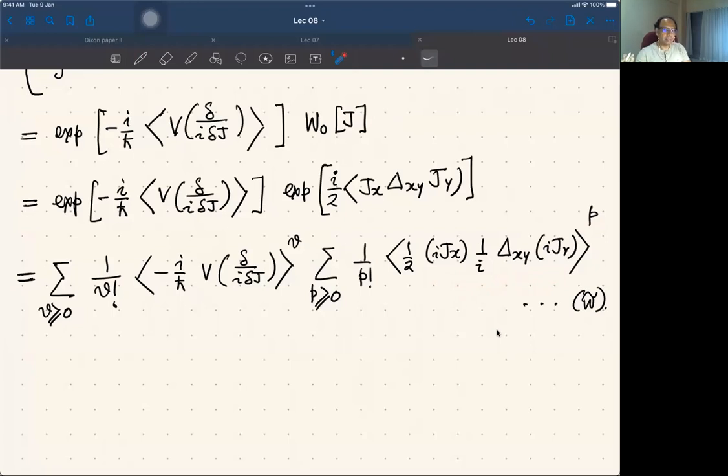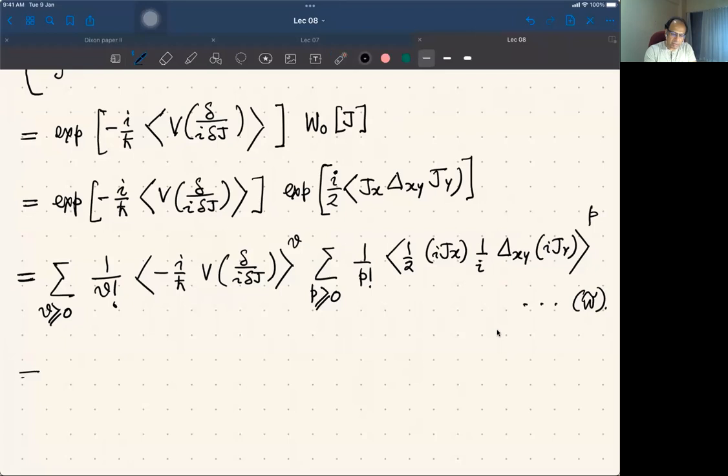But from a threshold value to all higher values of p, the contributions will be there, and those finally can be written as Feynman diagrams. So at the end of this calculation, you get an infinite number of terms. Whatever number of derivatives you have will absorb the same number of J's from here, but there will be other J's remaining which are not absorbed. So it's a power series in J. That is the point here.